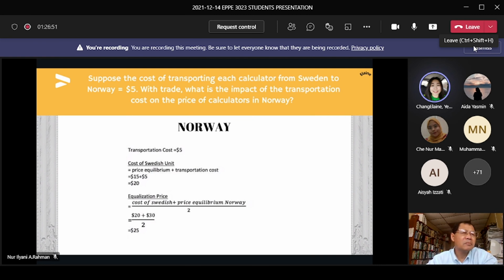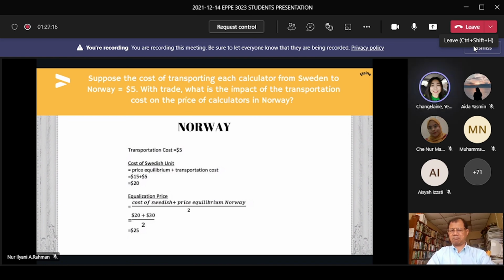Before we find the price of calculators in Norway, we have to find the cost of the Swedish unit. The function to find it is the equilibrium price of Sweden plus the transportation cost. That is $15 plus $5 equals $20. This is the cost of the Swedish unit.